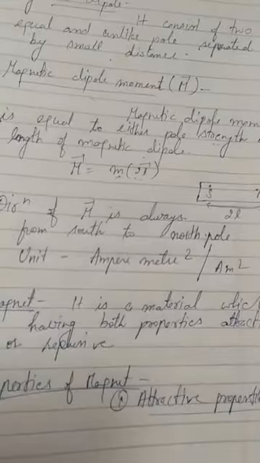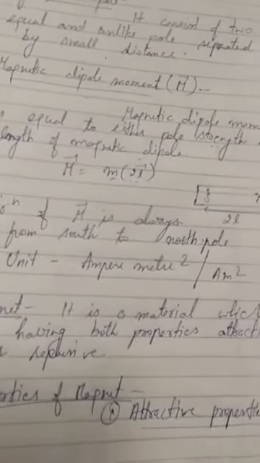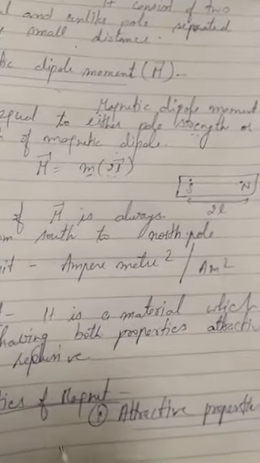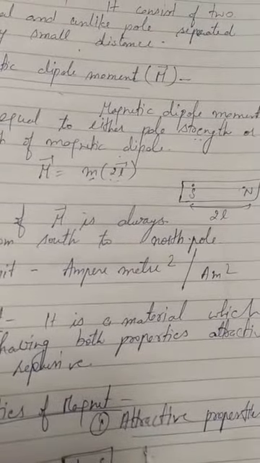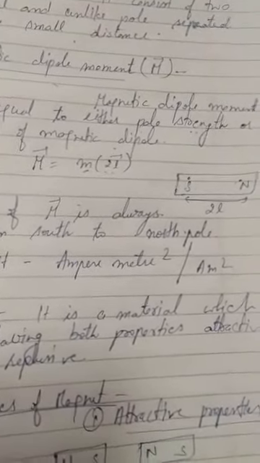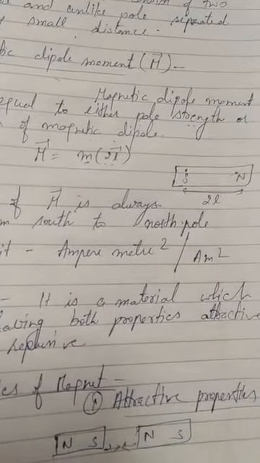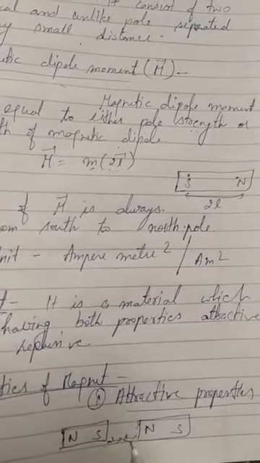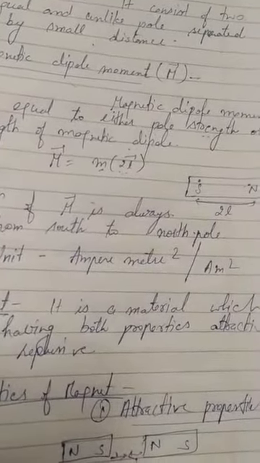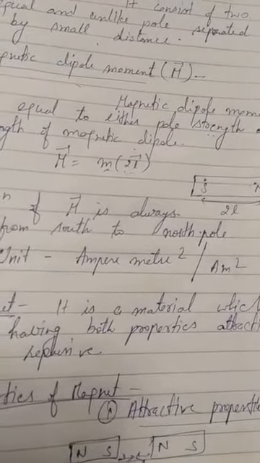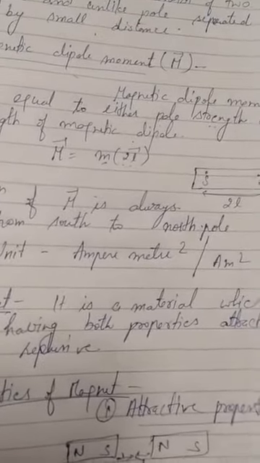When we bring two magnets toward each other, and if we take unlike poles with each other, let here we take north, here south, and here north, then here south, then if we bring both magnets together they will attract each other. And otherwise, if we bring any metal near the magnet, then it will attract that metal, because they have the attractive property.